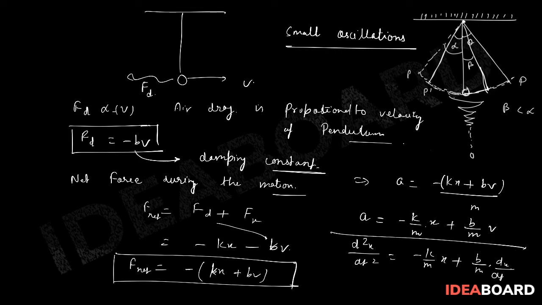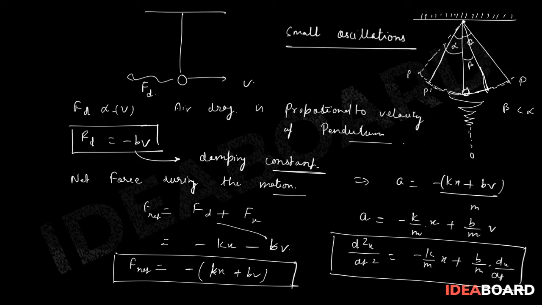Clearly, this form of differential equation is not in our syllabus, so we cannot solve it. We will leave it aside and just remember the final result, which is important for us.